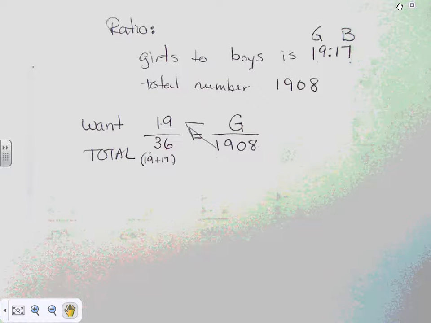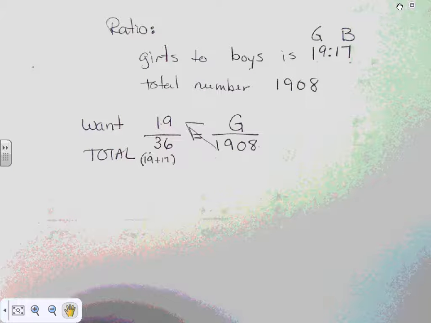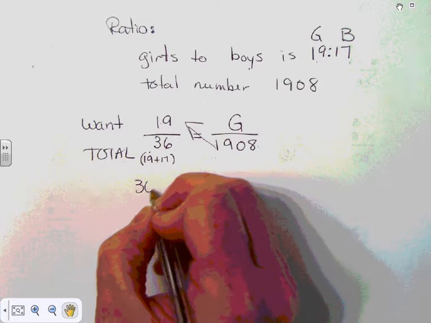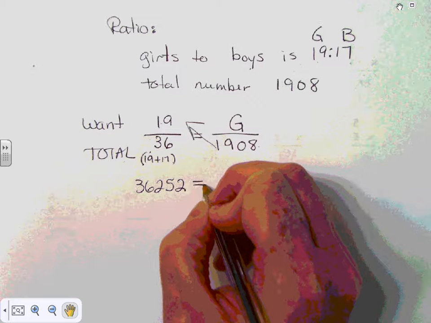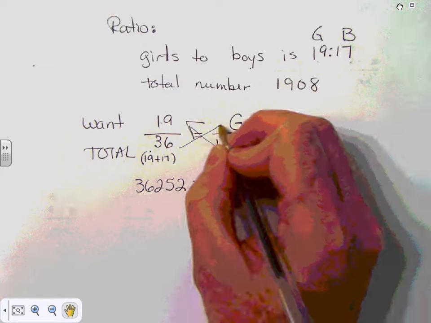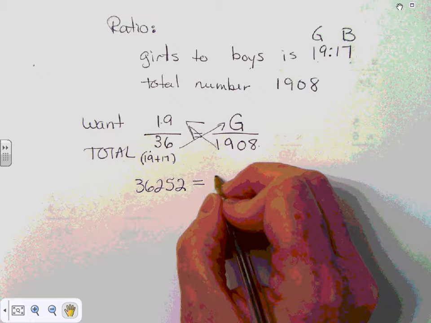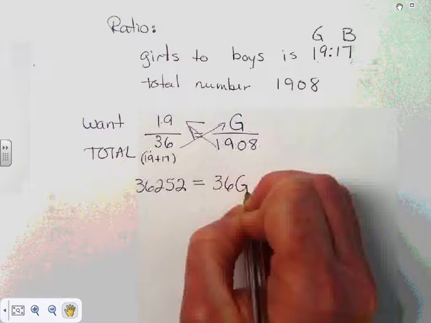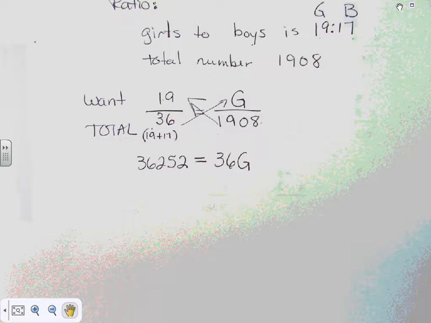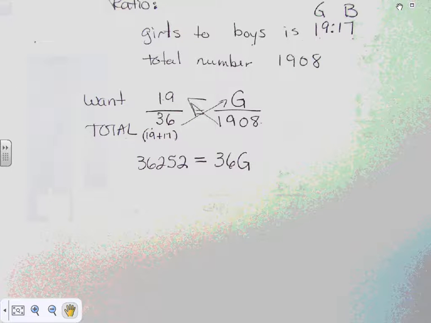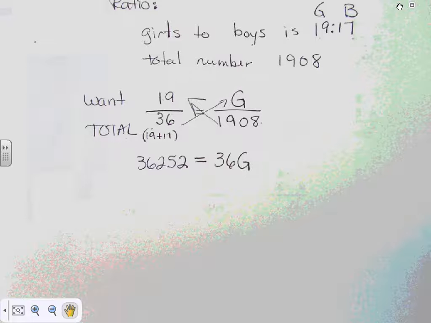1908 times 19 is 36,252 equals 36 times girls. Never build a fraction when you're cross multiplying.